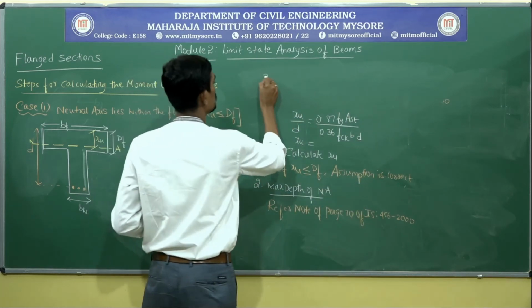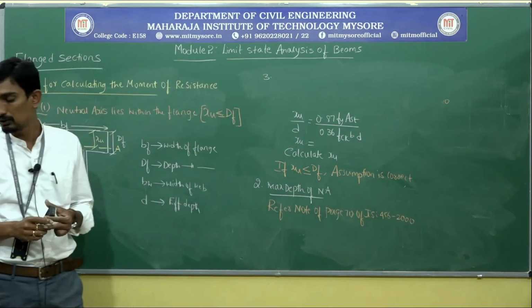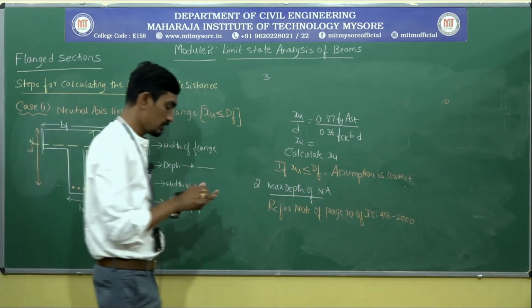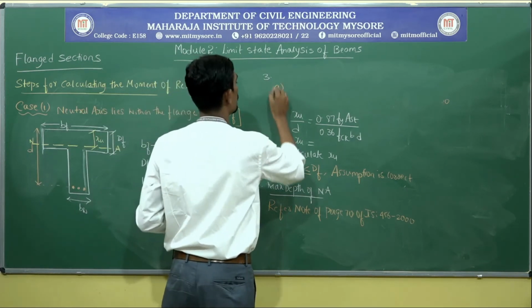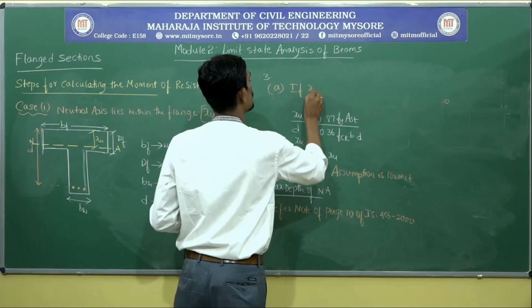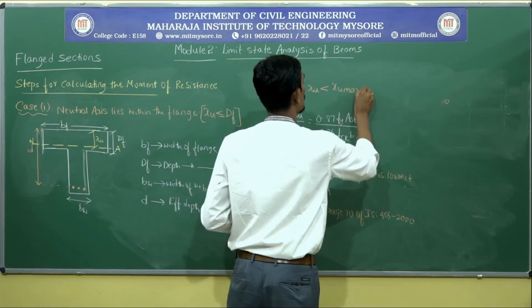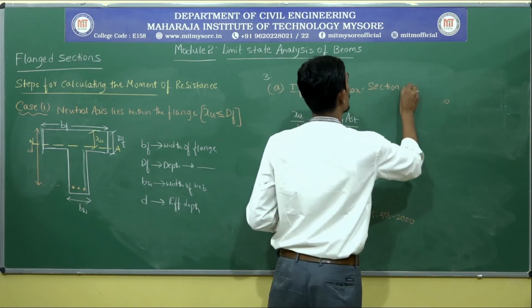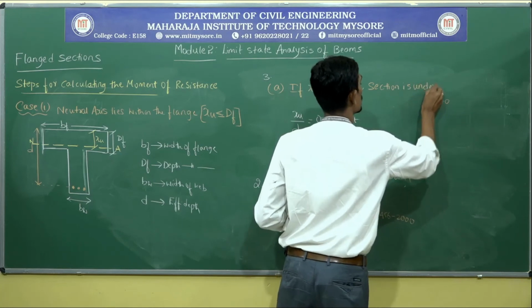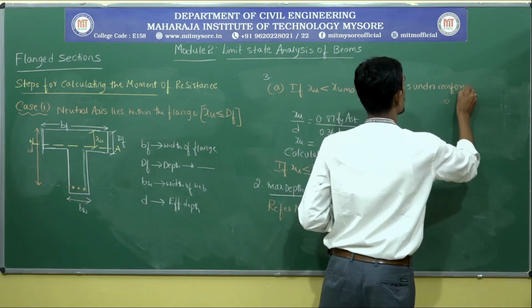So coming to the first case, if XU is lesser than XU max, what you are going to treat? The section is under reinforced.